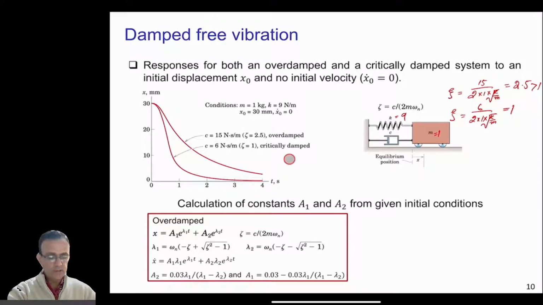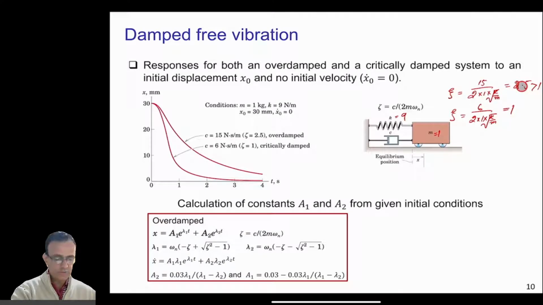And now if you want to know how to derive this plot here, for the overdamped system we know the equation: x is equal to a1 e^(lambda 1 t) plus a2 e^(lambda 2 t), and we know lambda 1 and lambda 2 in terms of omega n and zeta, and we can calculate zeta from here.